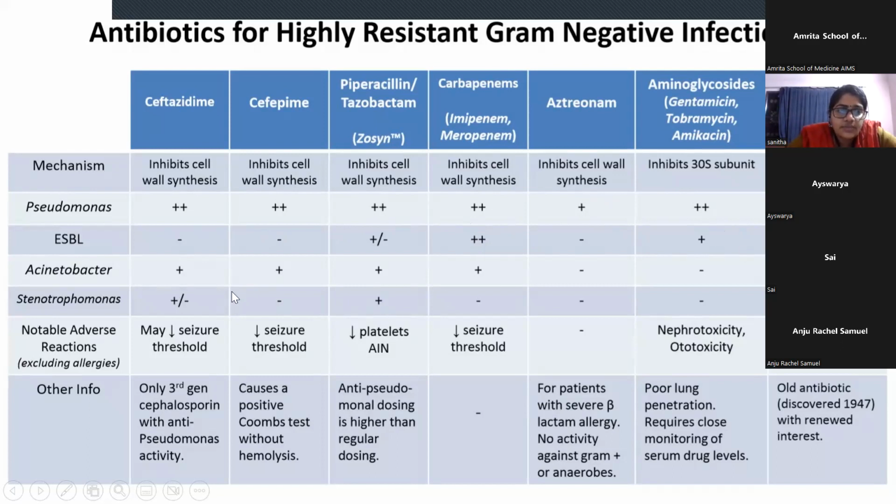Then for Acinetobacter, aztreonam is not effective, aminoglycosides are not effective. So these are the common side effects of these antibiotics. You are all aware of the nephrotoxicity, ototoxicity associated with aminoglycosides and colistin. And with colistin, there is neurotoxicity.